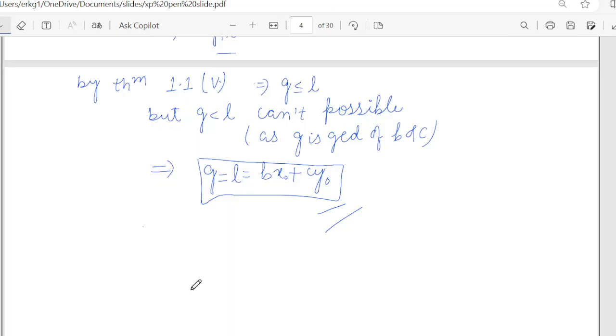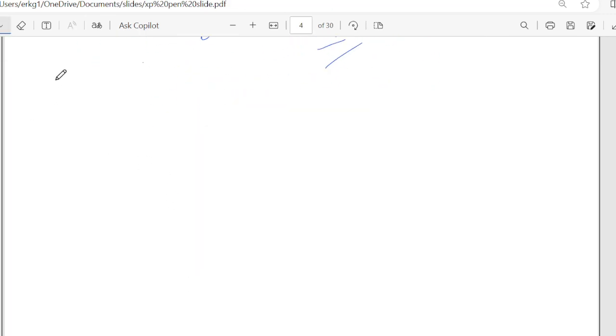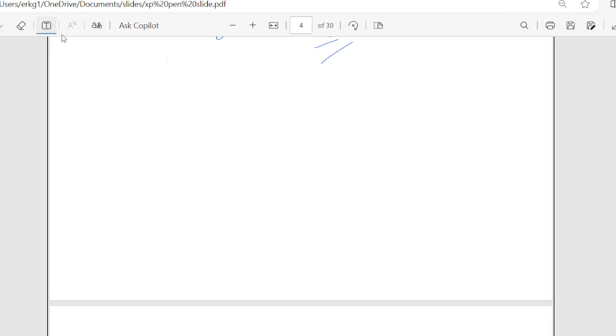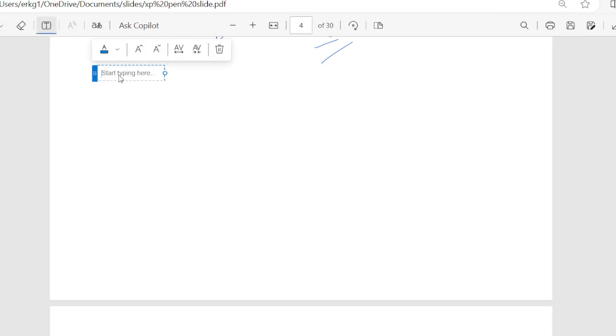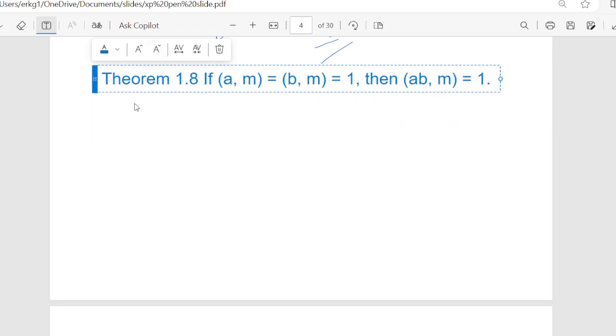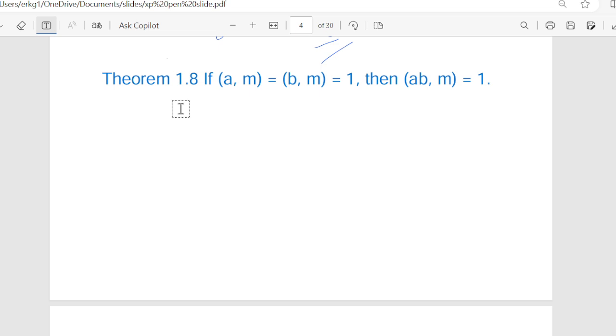The theorem says if these GCDs are equal to 1, then GCD of ab and m is also 1.